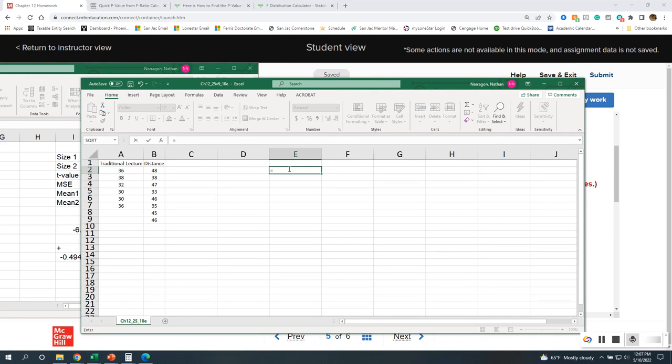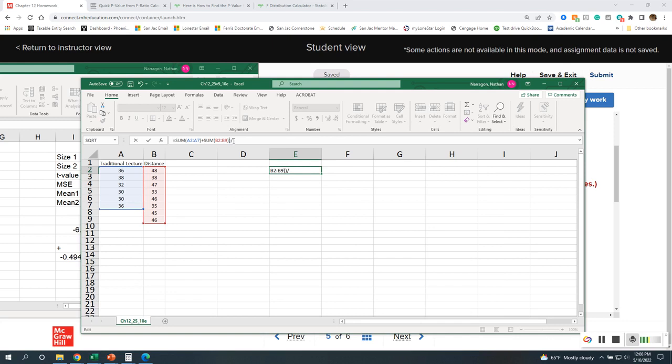So let's find that grand mean. So again, equals the sum of these plus the sum of these. Enter 540 and then divide it all.